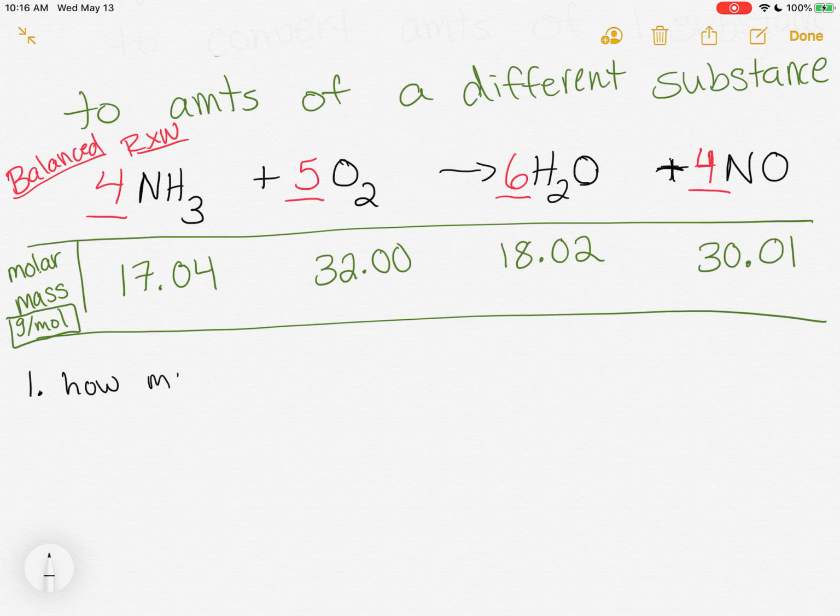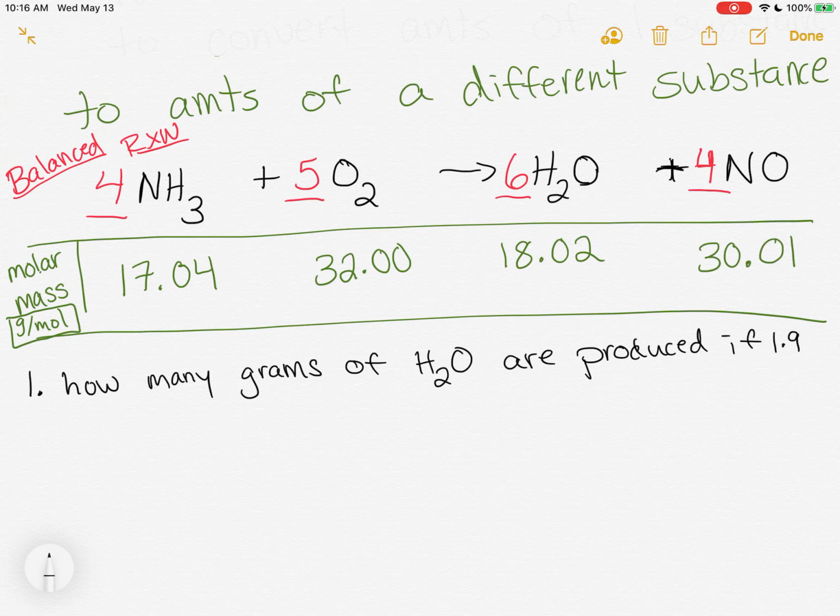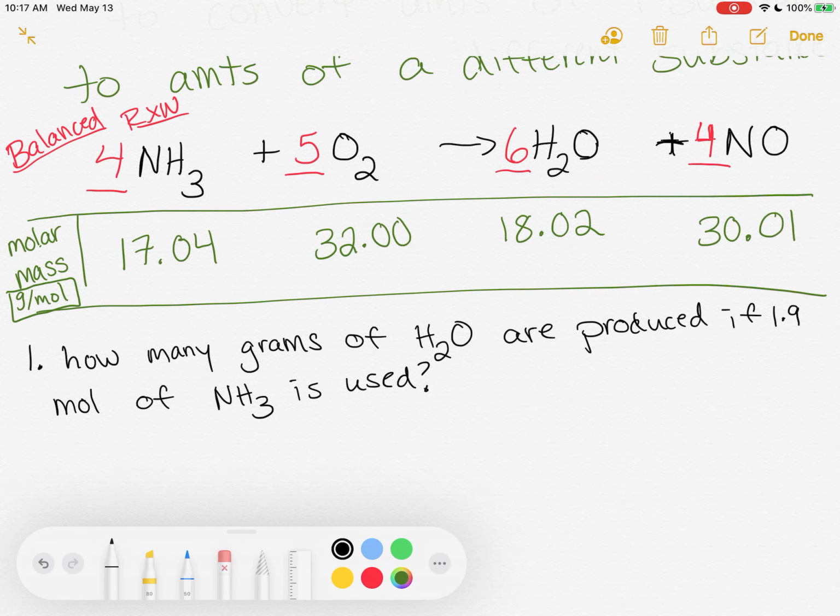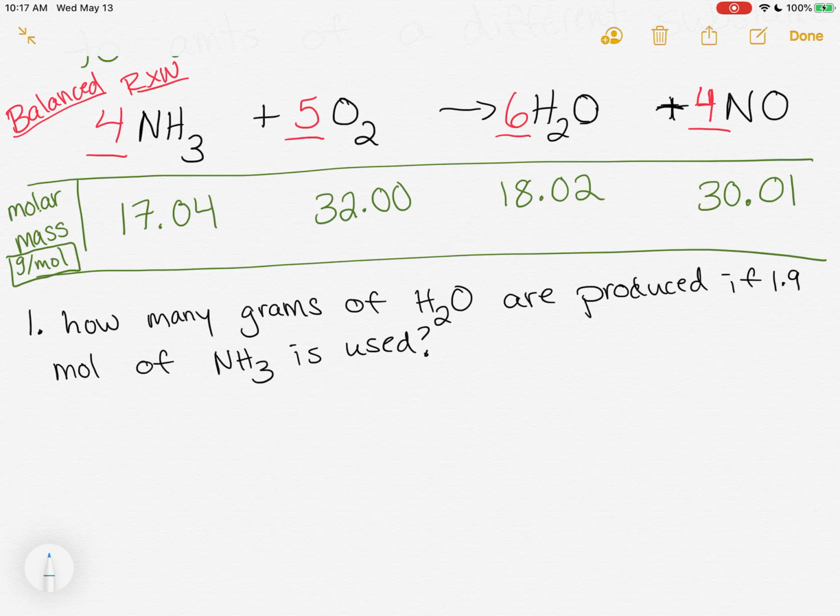Our first question: how many grams of water are produced if 1.9 moles of ammonia is used? All right, so we're going to start off with that first one here.